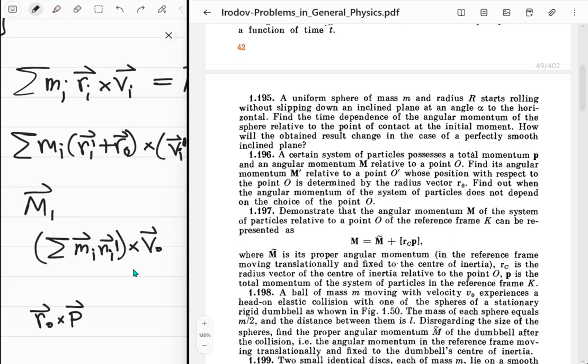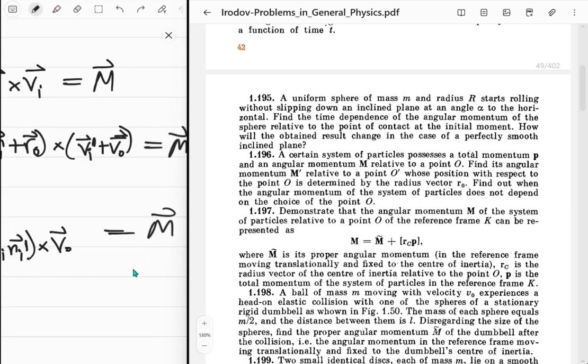So what should happen is that your r naught vector must be along P vector, and your Rcm dash vector should be along v naught vector, or in other words, v vector should be along Rcm vector. So write it down.